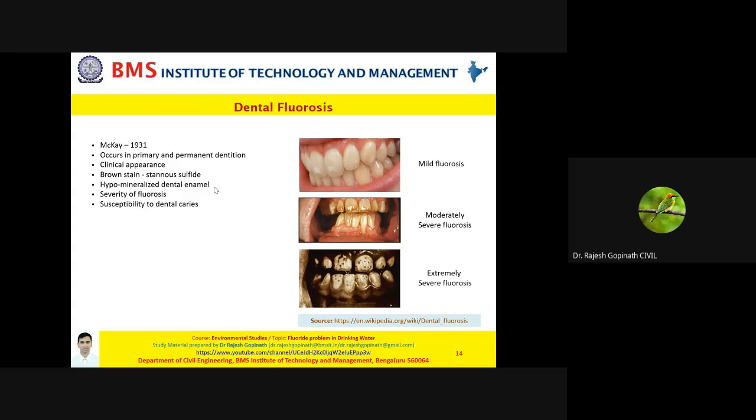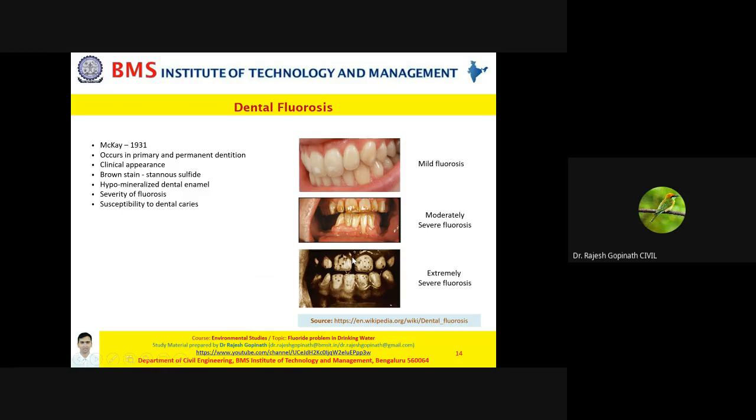In simple words, dental fluorosis is a condition wherein the fluoride level being more than 1.5 ppm in the food or the water results in stains and pits in the enamel. As you can see on the screen, from a healthy tooth to mild fluorosis to moderately severe and extremely severe, how the appearance is impacted, how the strength is impacted.